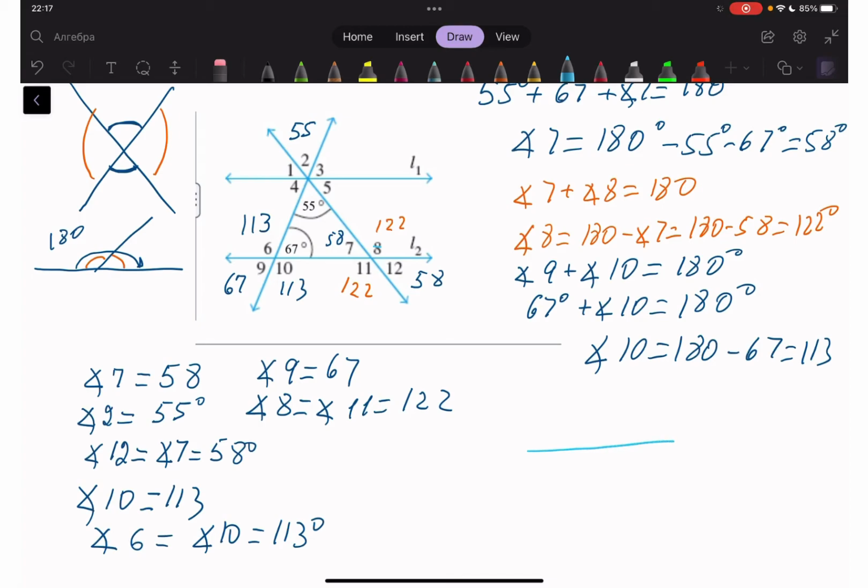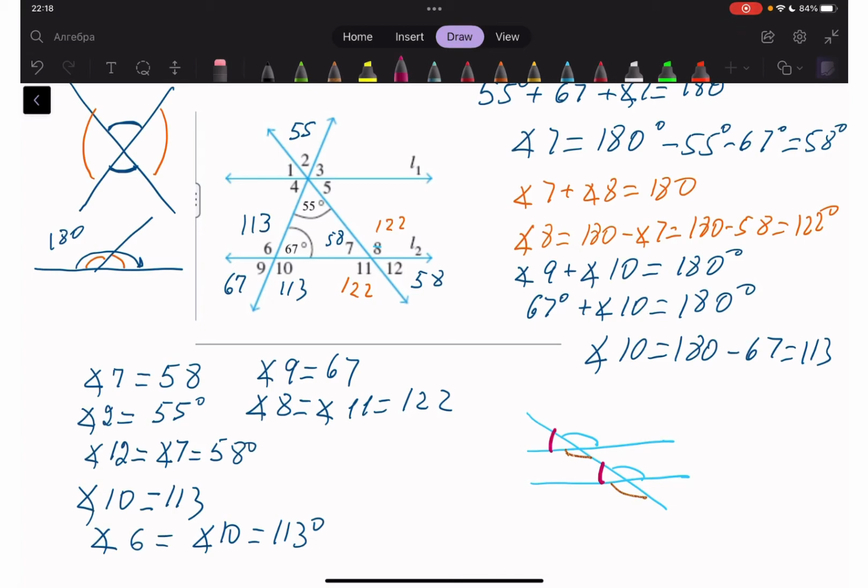When you have two parallel lines that are crossed by a third line, it generates angles where this angle is equal to this angle, and also this angle is equal to this angle.